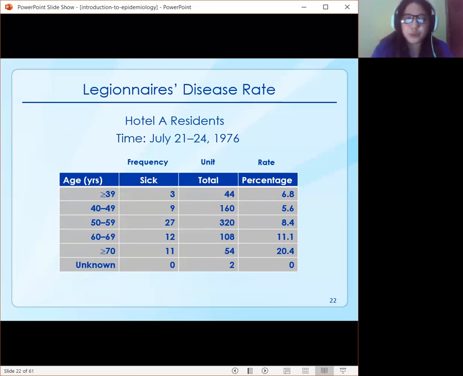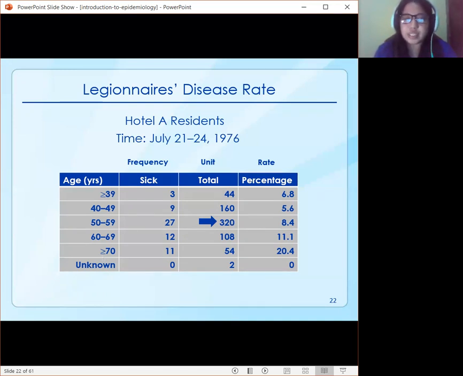Which means if we compute the rate, the frequency of the sick over the total multiplied by 100, you will just get 8.4, when in fact the highest rate is 20.4, and that is among the attendees aged 70 and above. This also shows us that at times raw numbers can tell you valuable information.